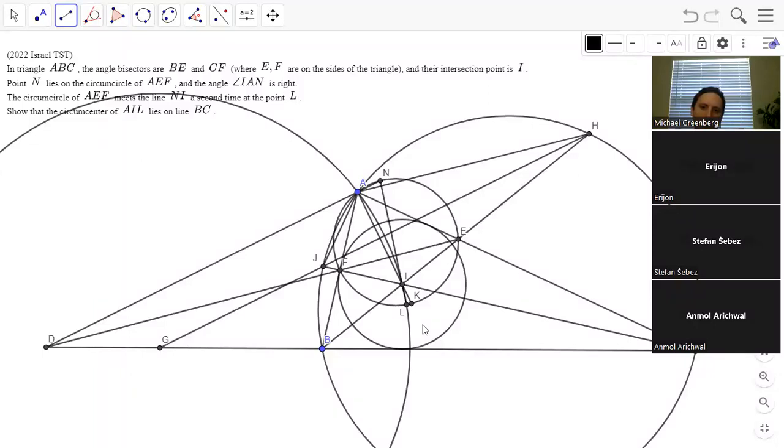Okay, so K is the midpoint of arc EF. So it might just be an angle.